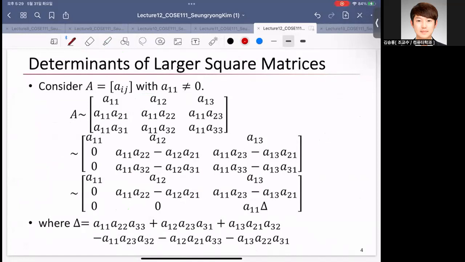So, first of all, how can I determine matrix A is invertible?